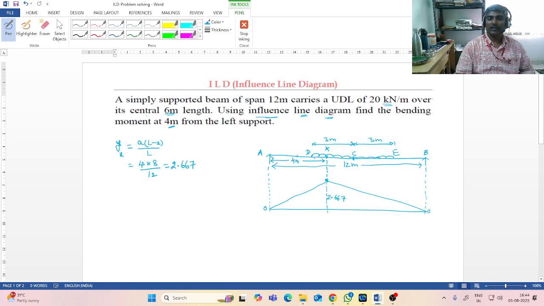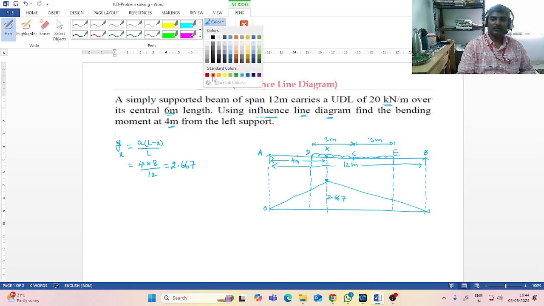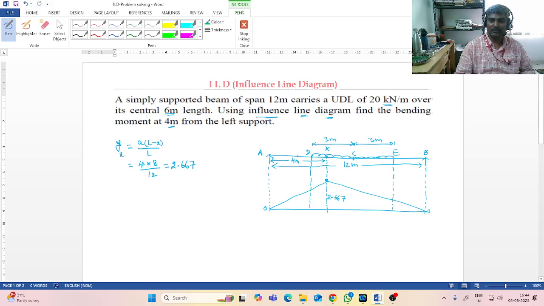Right, now you drop these ends onto the drawn ILD. Let these ordinates be YD and YE. Now this is ILD for bending moment.